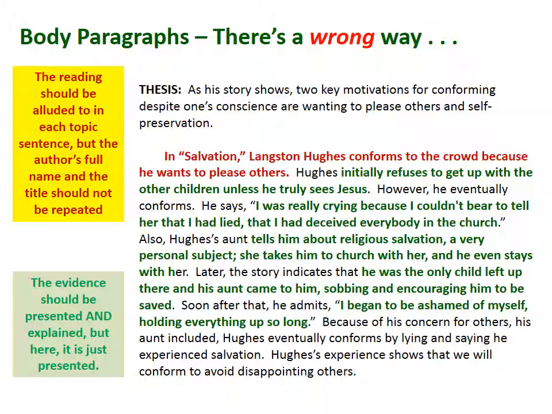All that's being proven here is that Hughes conforms, and then some information that's given here, I'm not really even sure why it's given. It seems like plot summary. And this is what can happen when you just present evidence from the reading without explaining the connection between that evidence and your point.